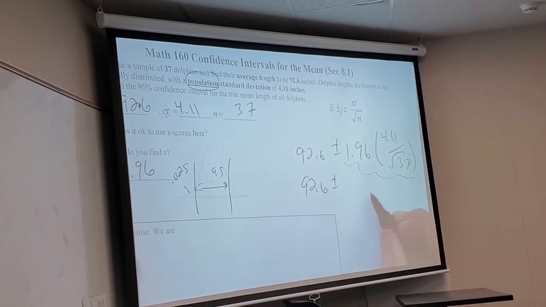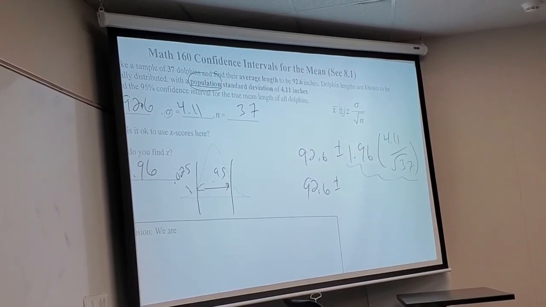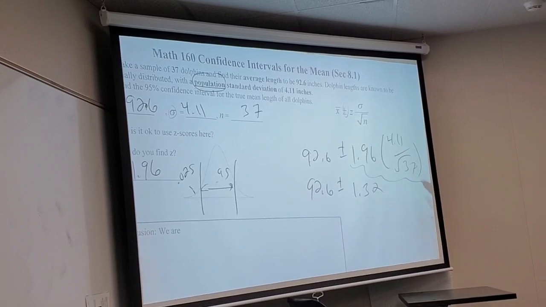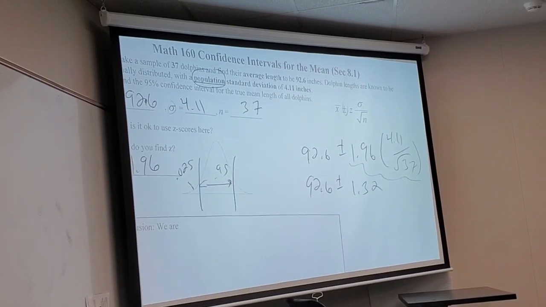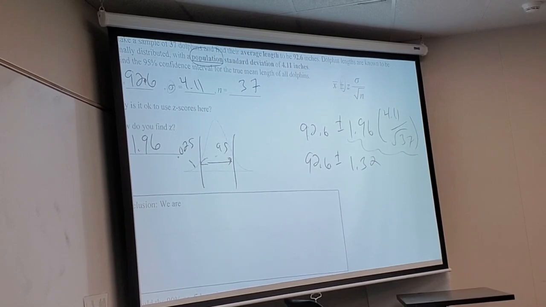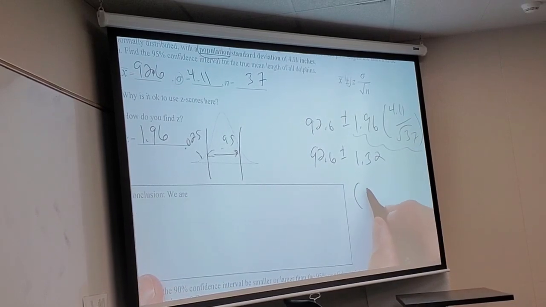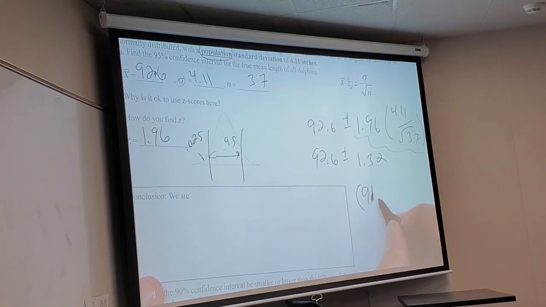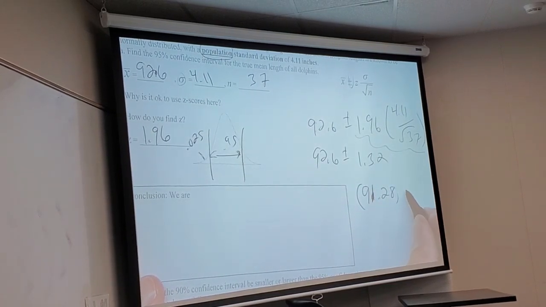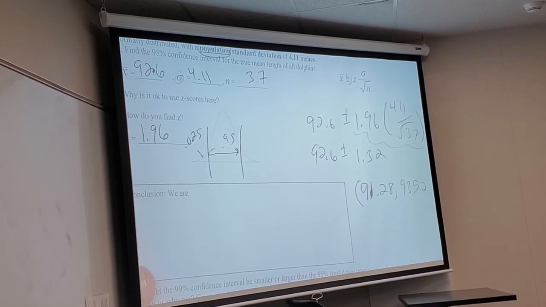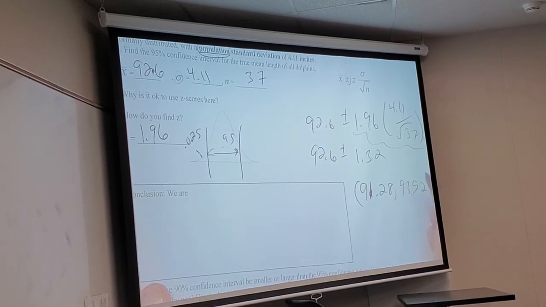Anybody got the error? 1.32? Okay. Thank you. Oh, it's loud in here. And now I just have to add that, subtract it, right? So now my interval will go from 91.28 up to 93.92. Thank you.